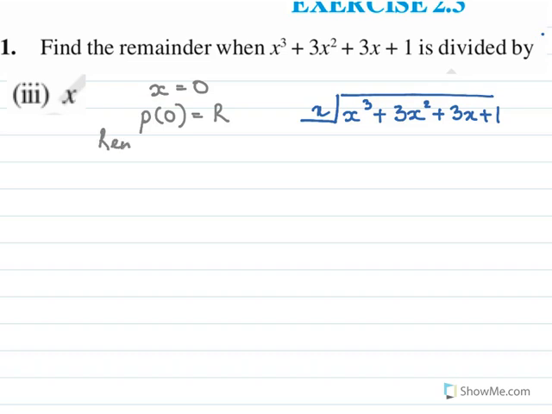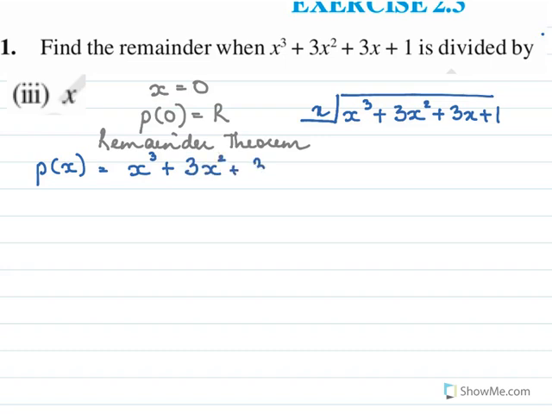This is by remainder theorem. So we put p of x equal to x cube plus 3x square plus 3x plus 1.